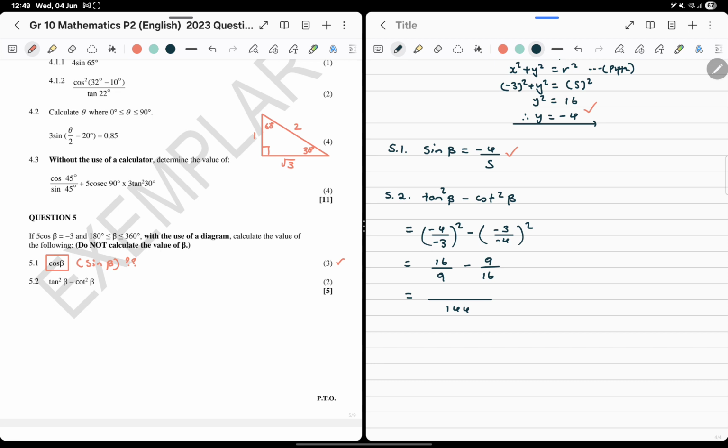Yeah, I think so. 16 squared is 256. Minus, this is going to be 9, 9 squared is 81. So 256 minus 81 is 175 divided by 144. Again, odd number divided by an even number, not something that can simplify nicely.